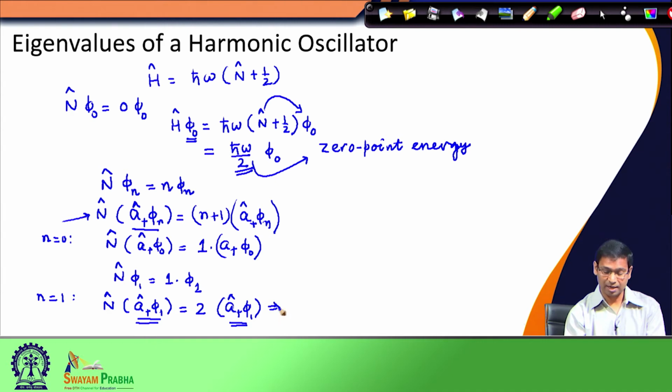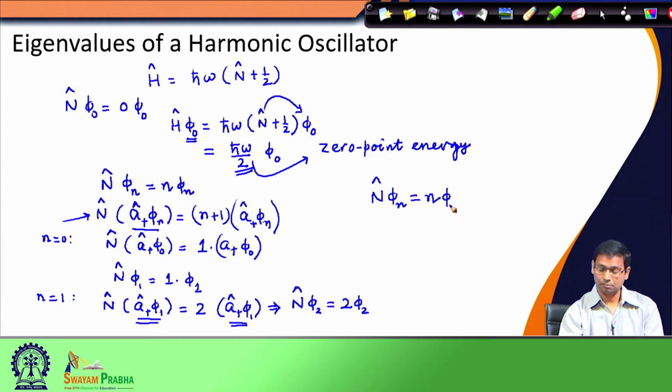Therefore, I can write down that N phi 2 is 2 phi 2. Similarly, I can show this for all other phi values, and I come to this general understanding where operator N acting on phi n gives me eigenvalue of n.